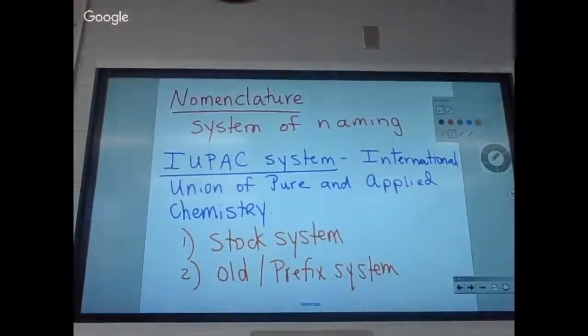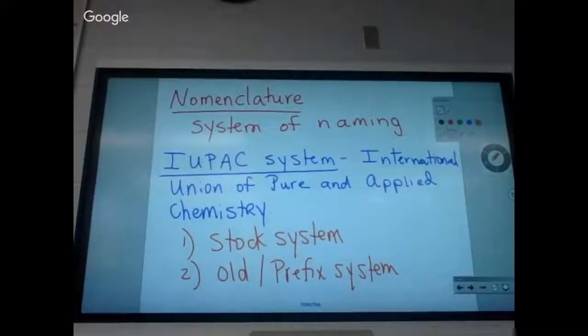You may or may not see the IUPAC system listed in a question, but on your exam, if it says, what is the name of blah, blah, using the IUPAC system, just know that is the way we've learned to name all semester, and the state is not trying to trip you up, okay?